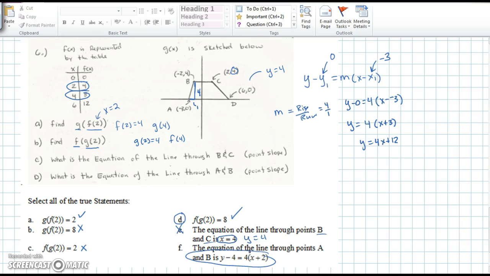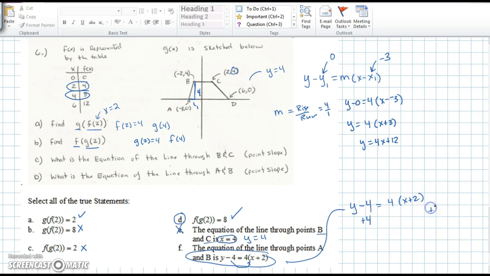Neither of these points show up here, but let's simplify what was here. What's here is y minus 4, so I'll add 4 to both sides, equals 4 times x plus 2.